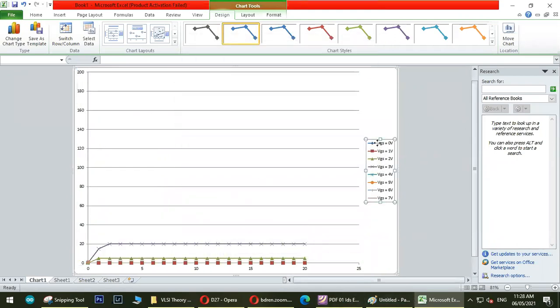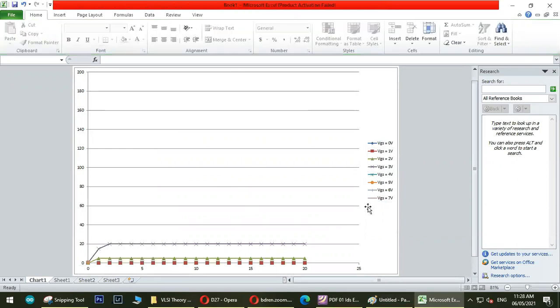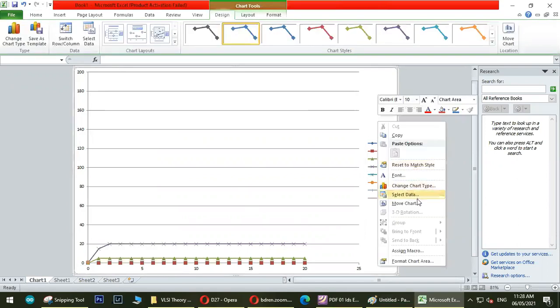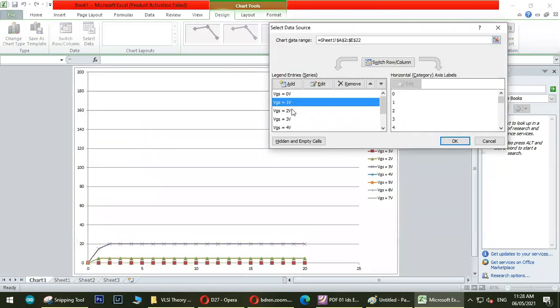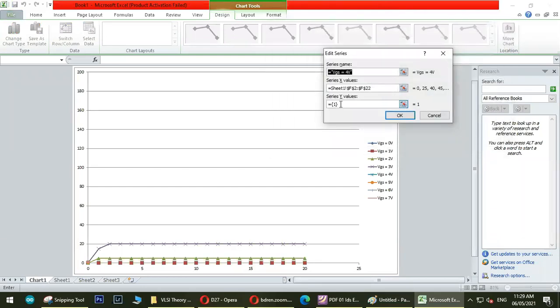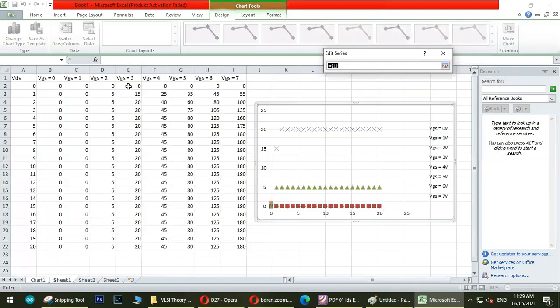What are others? Here, see, our y-axis value is not selected. That's why that was the problem.